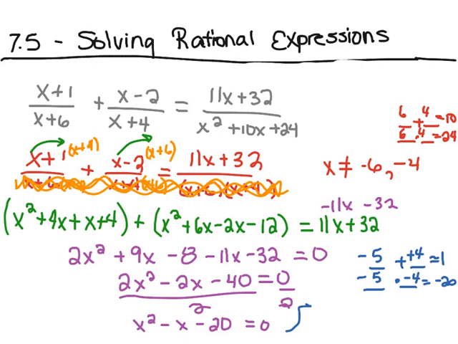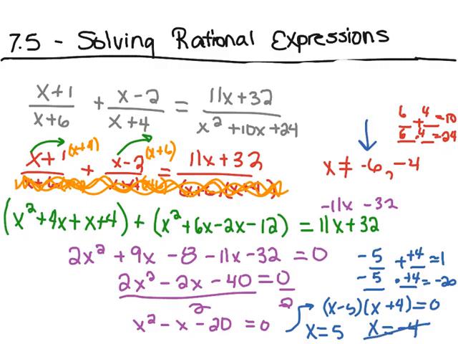So this should simplify to be (x minus 5)(x plus 4) equals 0. So either x can equal 5 or x could equal negative 4. Because negative 4 is one of our non-permissible values, our final answer is x equals 5.